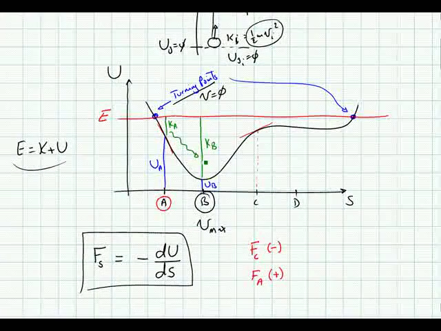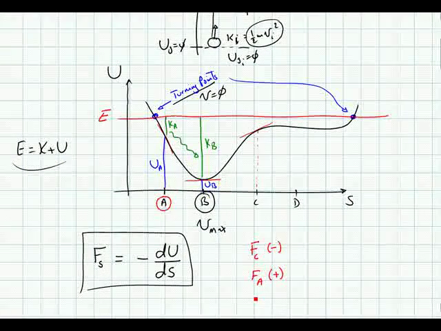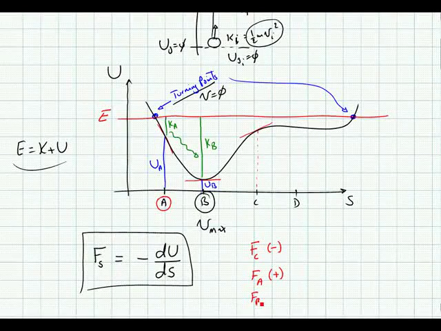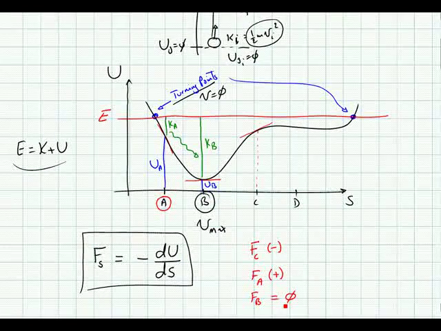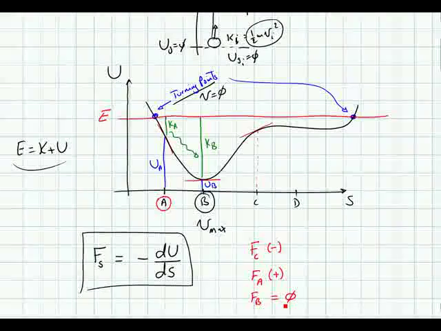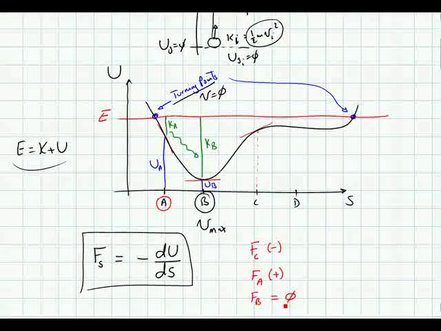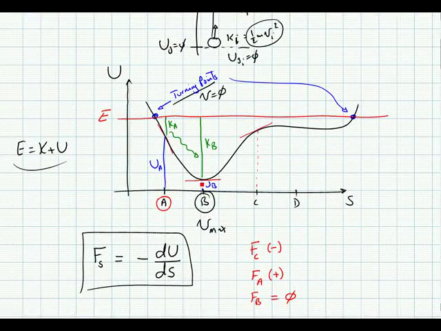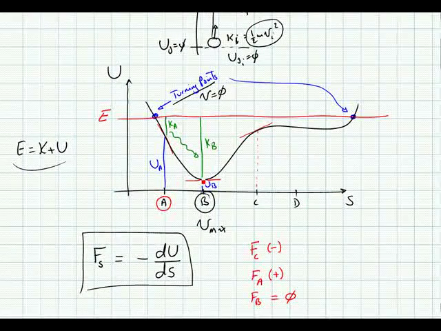Now at position B, the slope of the line is 0, which means that at B, force Fs is equal to 0. So there's no force acting on the object at position B. In fact, position B corresponds to the minimum.